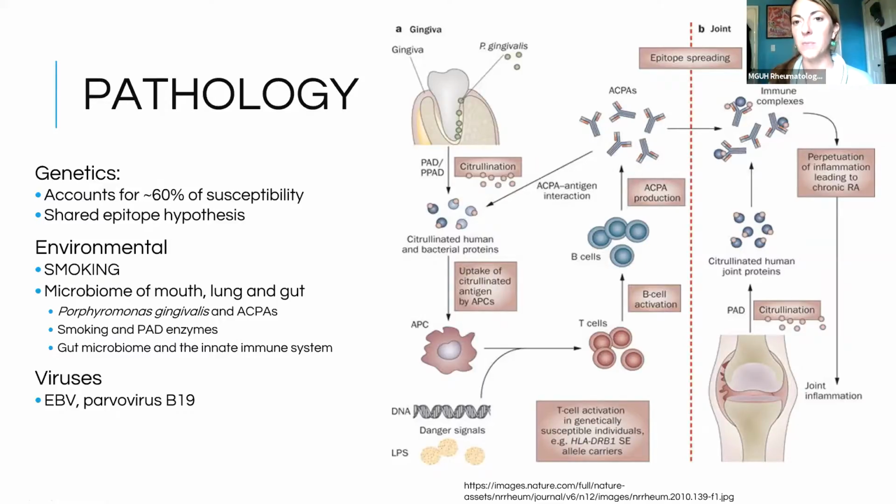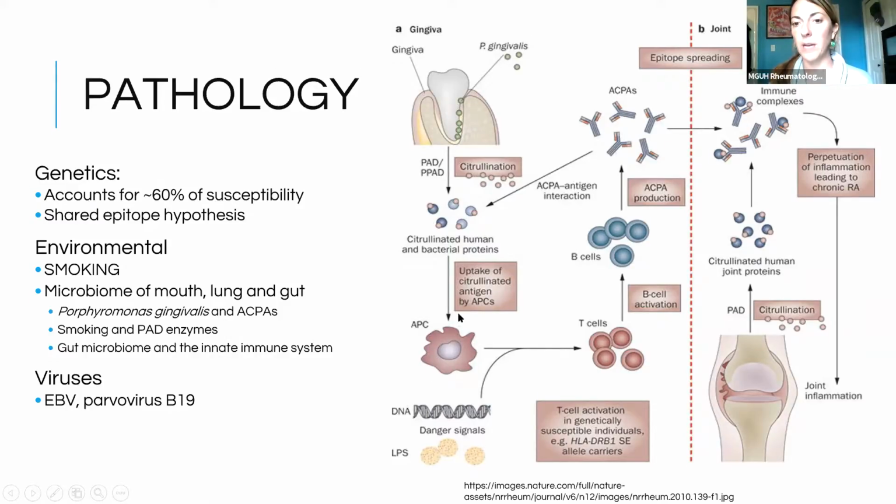P. gingivalis produces an enzyme called peptidylarginine deaminase, which can citrullinate different peptides. So you're basically adding citrulline groups onto the end chain of these proteins. Normally the bacteria does that as part of its normal process of living and growing, but it can citrullinate human proteins as well.